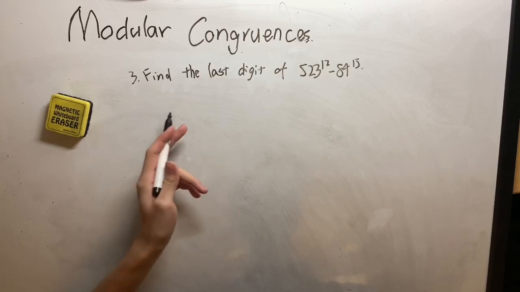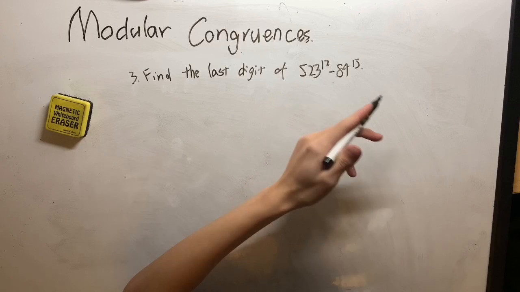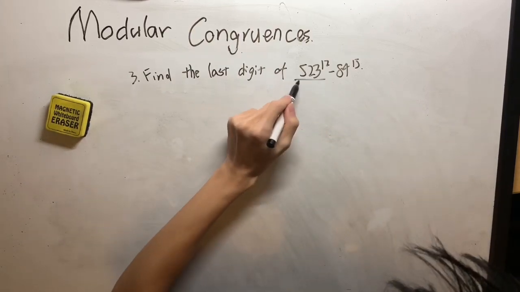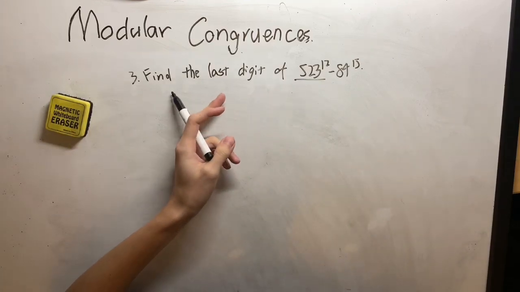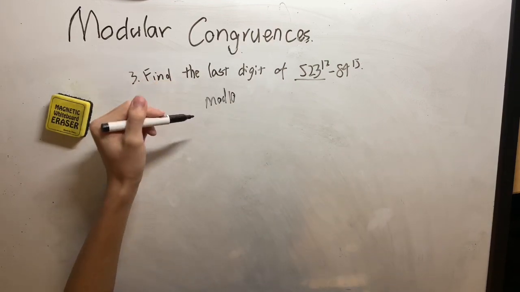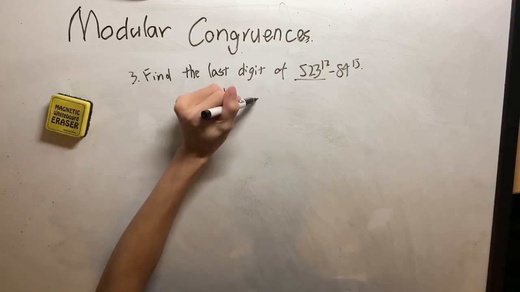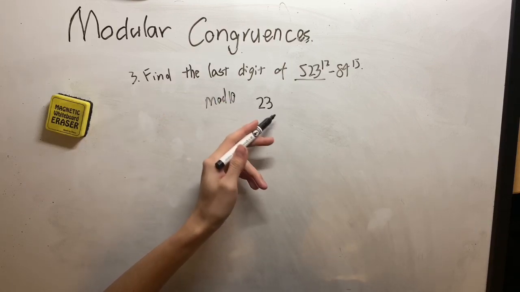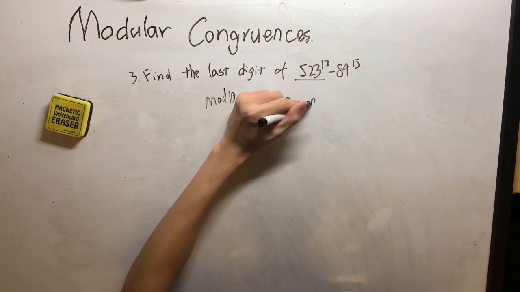Next, we are finding the last digit of 523 to the 12 minus 84 to the 15. So first, let's look at 523 to the 12. When we find the last digit, you can use mod 10. For example, if we have a number 23 and we are finding the last digit, 23 is congruent to 3 mod 10.